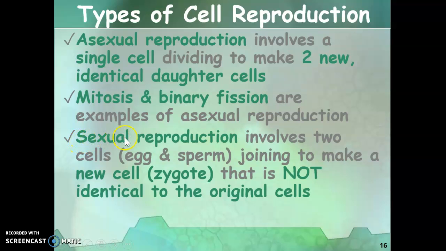And then there is sexual reproduction, where the cells make two different gametes, an egg and a sperm, and then they come together to form a zygote. In sexual reproduction, the resulting gametes are not identical to the original cell. Sexual reproduction involves meiosis, and that's what we're going to learn about later in the year.